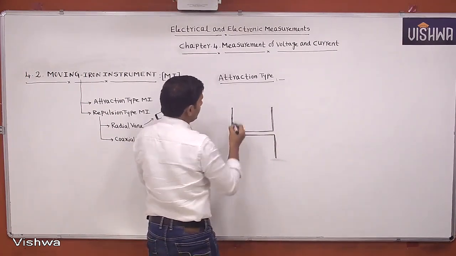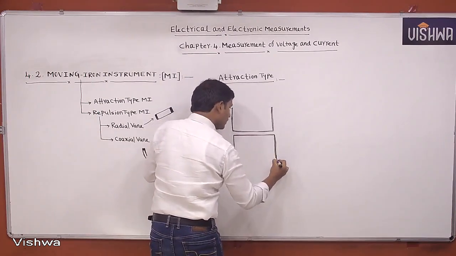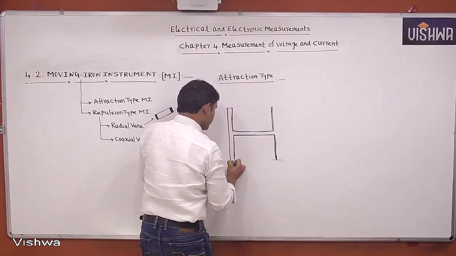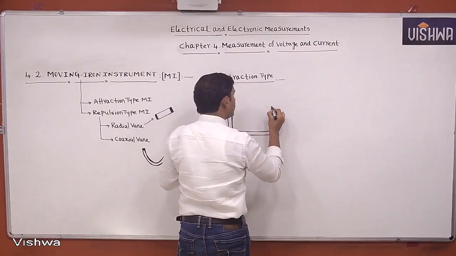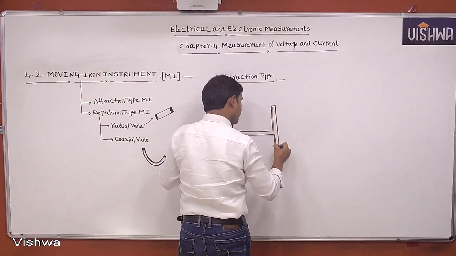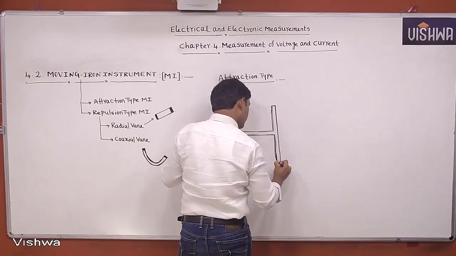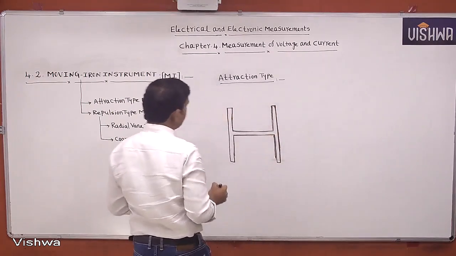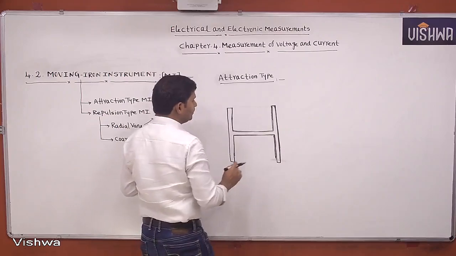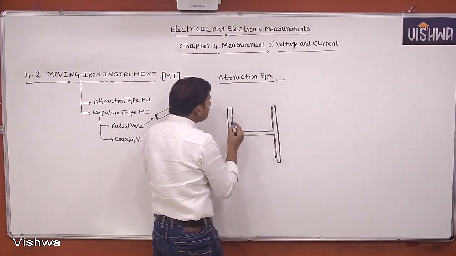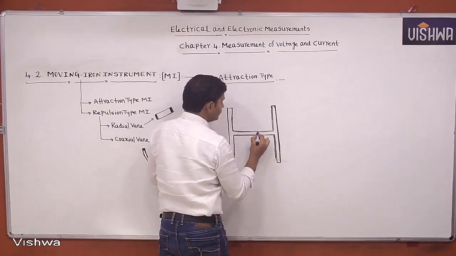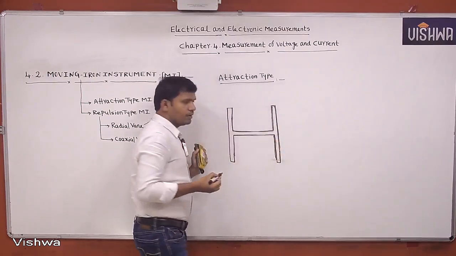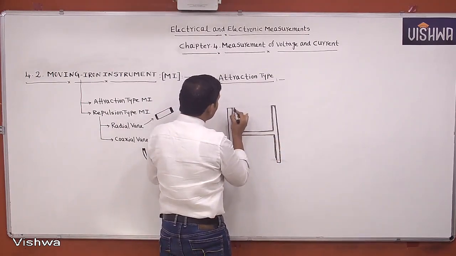This is one electromagnet representation. Then, this is the winding representation.